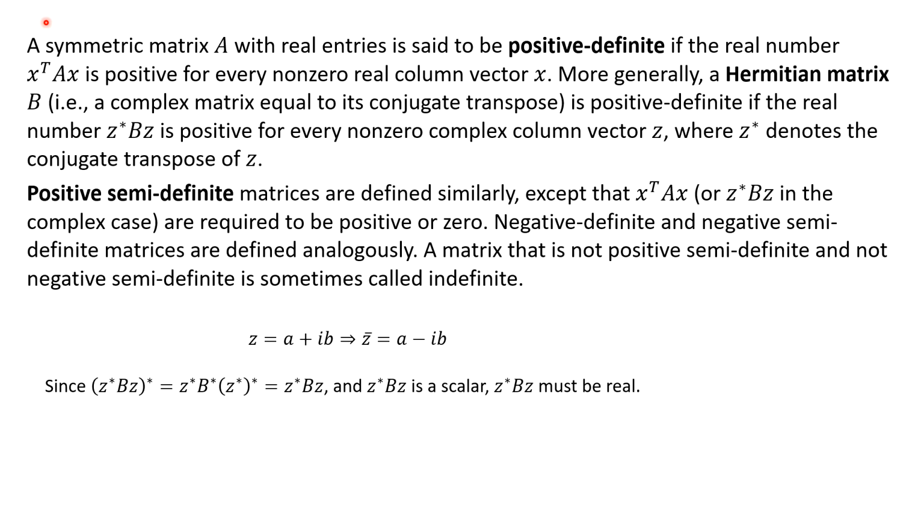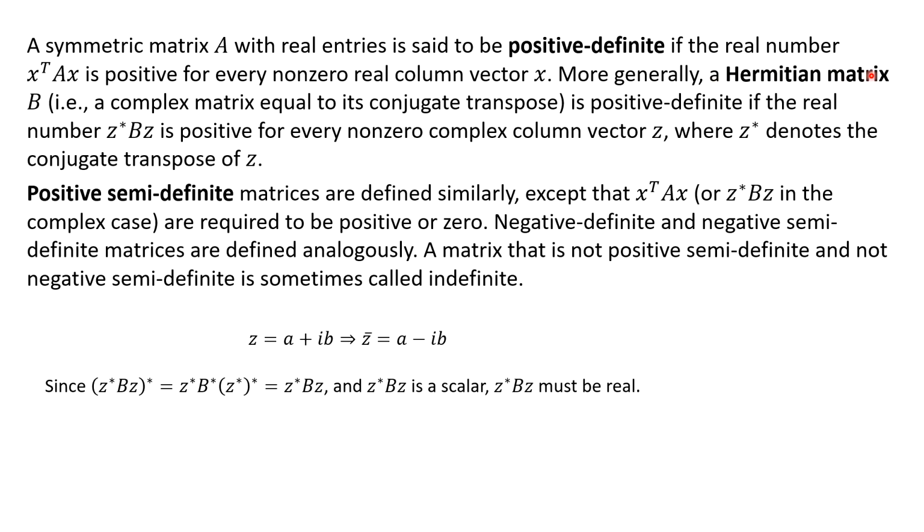A symmetric matrix A with real-valued entries is said to be positive definite if the real number X transpose AX is positive for every non-zero real column vector X. We have a similar definition for complex matrices.